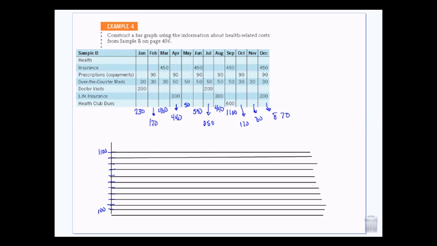Okay, then we need to put our months. So I have January, February, March, April, May, June, July, August, September, October, November, December. January was 230, so here's 2, so 230 is just above 2.